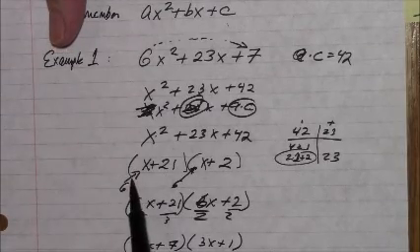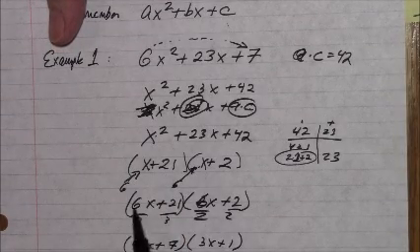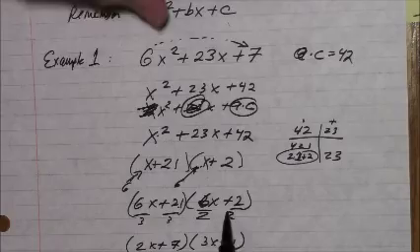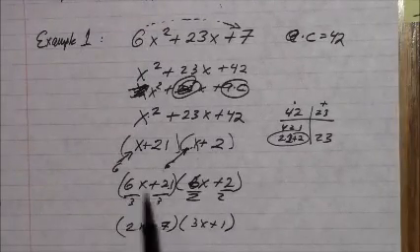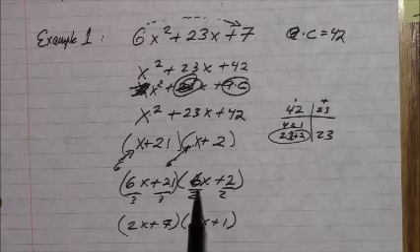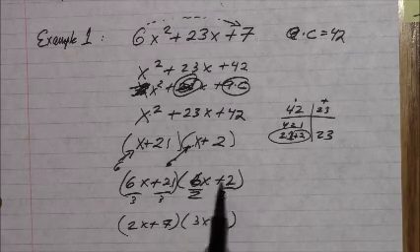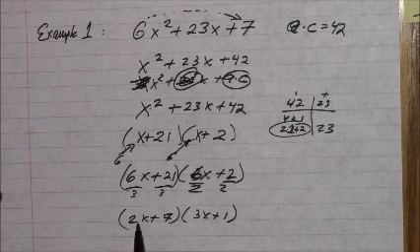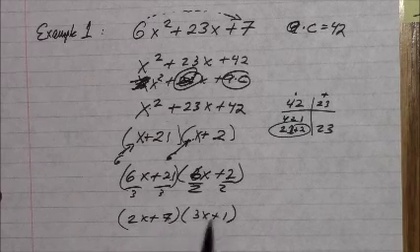So what we did here is I put the 6 in here to make 6x plus 21 and 6x plus 2. Divide both of these by a 3 because it's a common factor to both the 6 and the 21. Divide these by a 2 because it's a common factor of 6 and 2. I get 2x plus 7 and 3x plus 1.